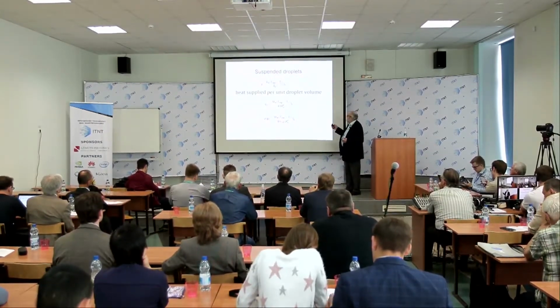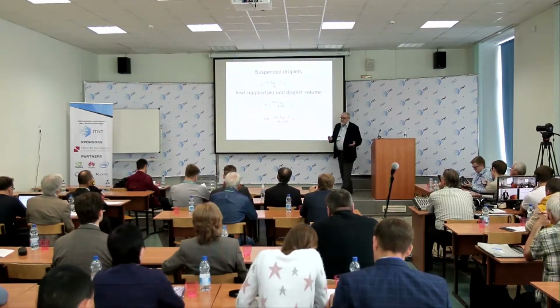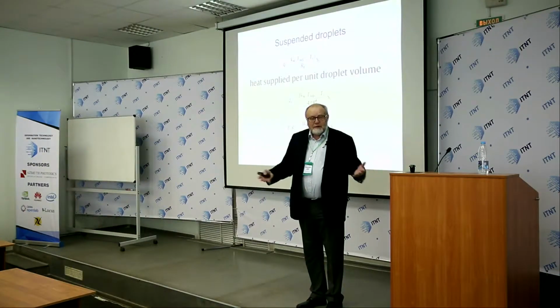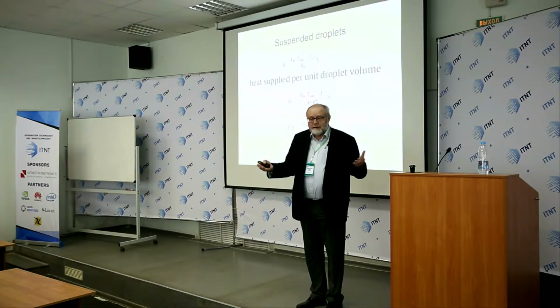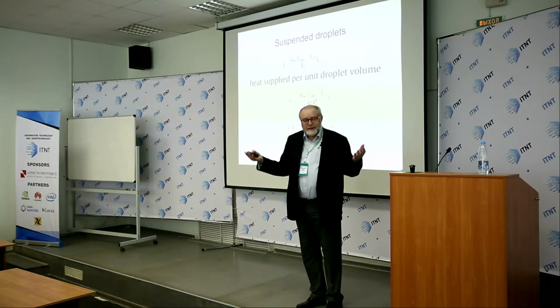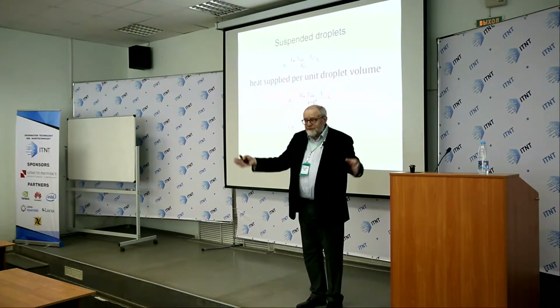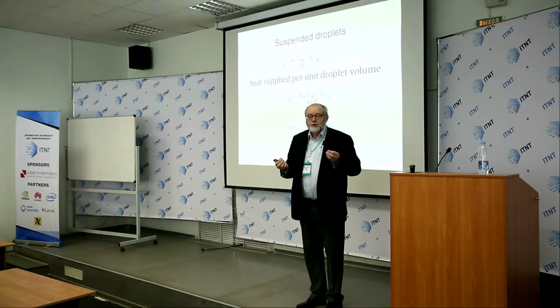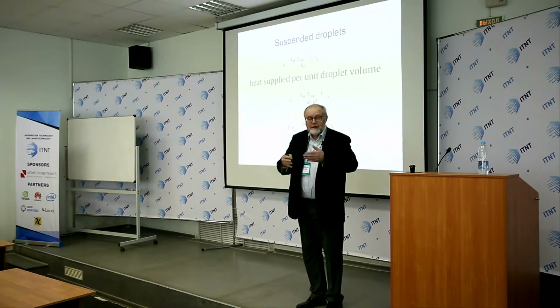And then we can make another assumption, that this heat, strictly speaking, will be distributed inside the droplet. But inside the droplet, you have a lot of convective processes. If not forced convection, then it could be natural convection. And these convective processes lead to the mixing of various layers inside the droplet.